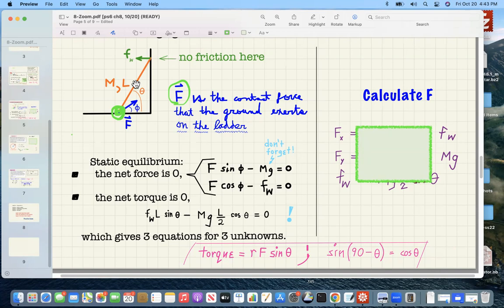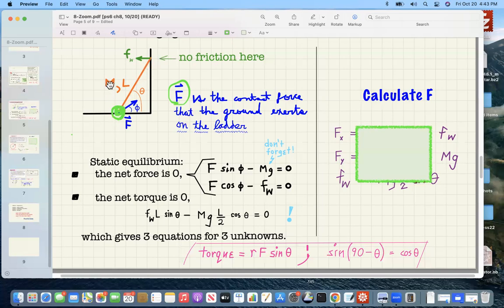Now, gravity is also producing a torque. There's a downward force, and gravity acts equally on each point on the ladder. We're taking the ladder to be a uniform plank, so the force of gravity can always be rewritten as if all the mass were at the center of mass of the object.